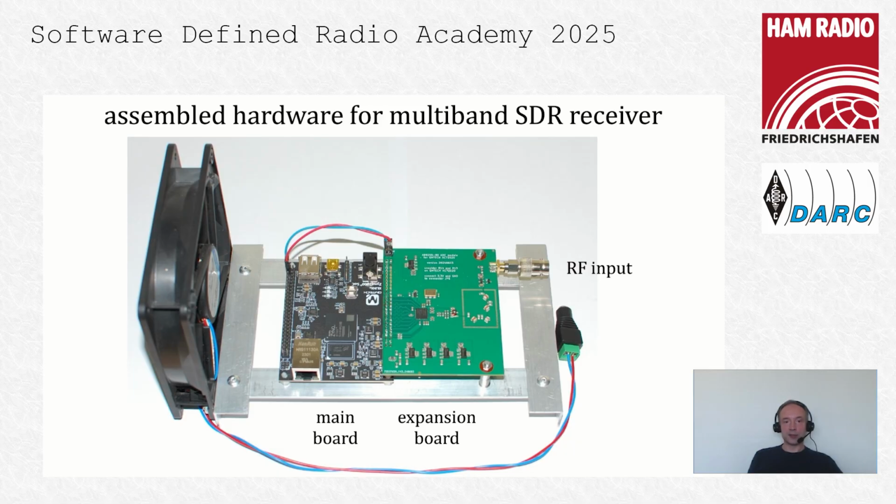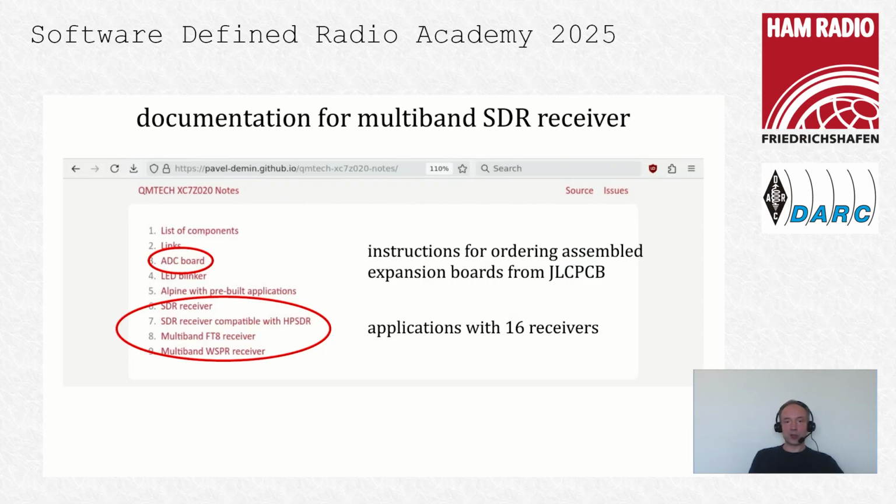And I obtained my system, which allowed me to develop and test my applications. Once I prepared all the applications, I put together a small website that contains the instructions for ordering assembled expansion boards from JLCPCB, and also a few applications providing 16 receivers.